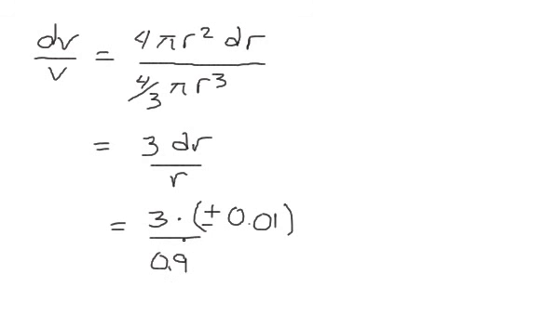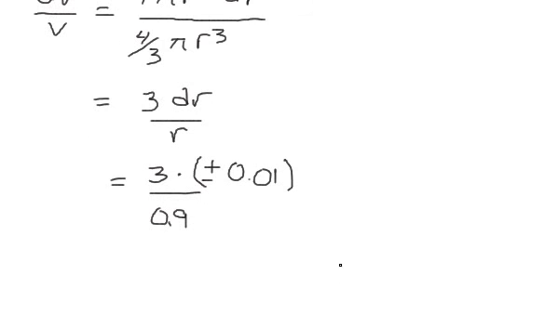This is going to be our relative error once we do the calculations. And then for the percent error, you just move the decimal place two places over to the right and throw a percent sign on the end. So that's basically it. Of course, you want to finish this up with the calculations, so I'll do that.